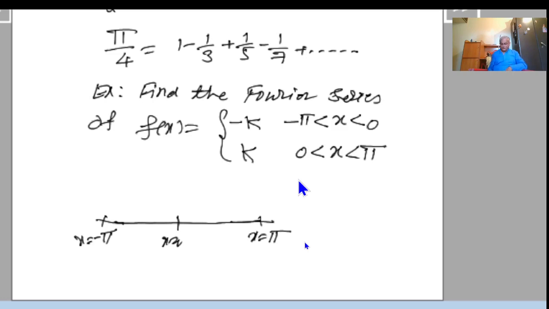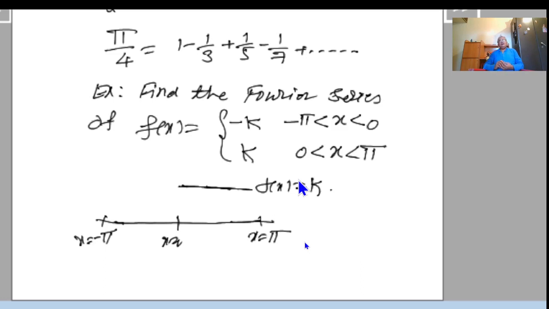So if k is positive, then from this to this is our f of x, f of x is equal to k. So x ranges from 0 to pi, f of x value is equal to plus k.